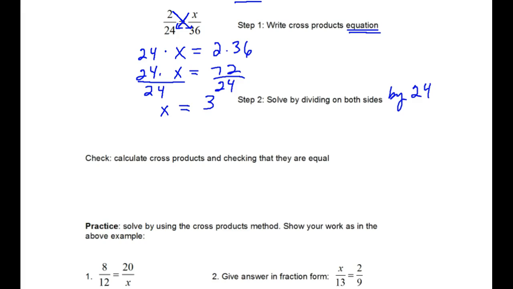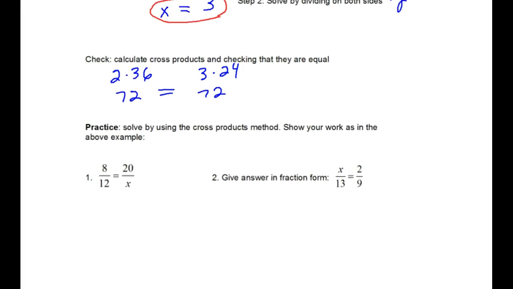You can check your work by calculating the cross products to make sure that they're equal. 2 times 36 is 72. We already did that. The other cross product is 3 times 24 because the x we found to be 3. Is 3 times 24 also 72? Yes, it is. So since I can calculate the cross products and have them be equal, I'm certain that x equals 3 is the correct answer to that problem.